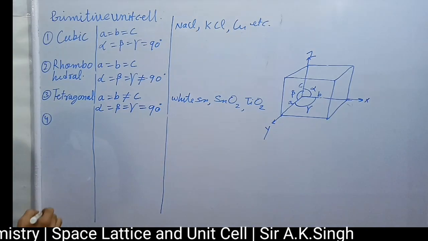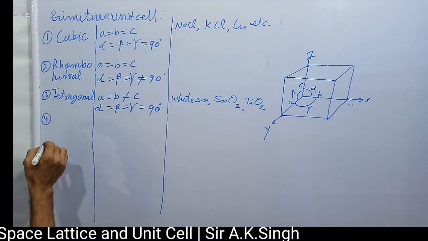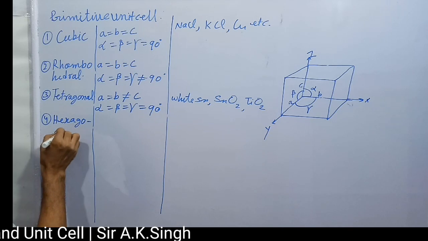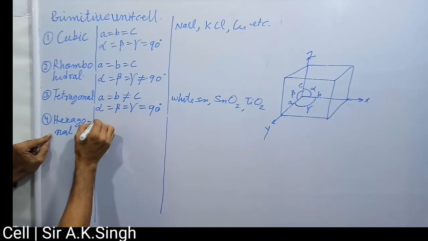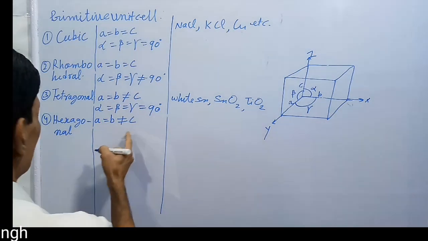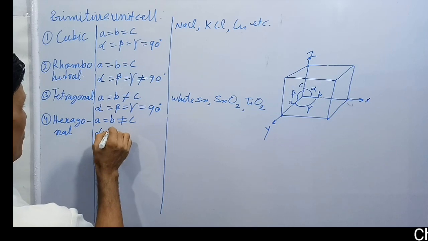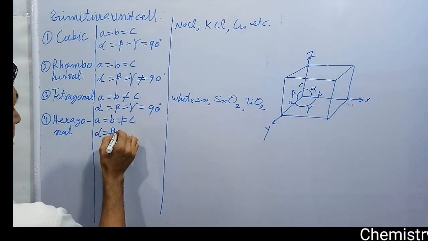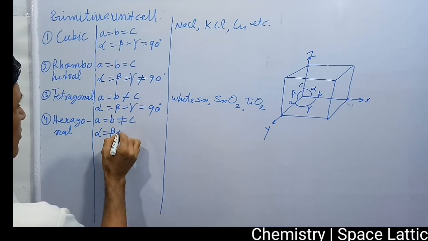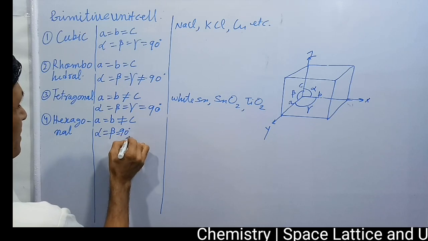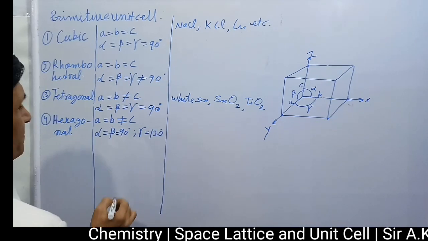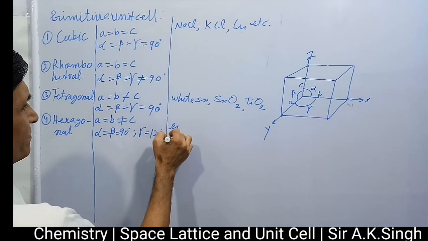Number 4, hexagonal. In this, a equals b is not equal to c, alpha equals beta equals 90 degrees and gamma equals 120 degrees, like graphite.